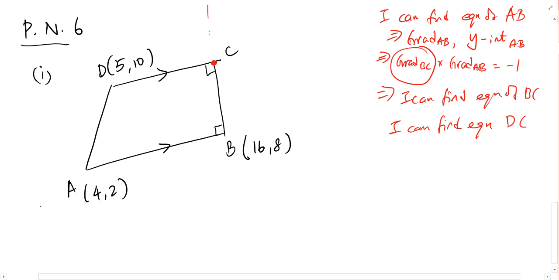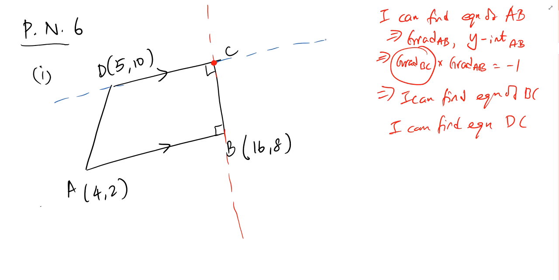Because the equation of BC is actually along this red line, whereas the equation of DC is along this blue line. When I have these two equations on the same axis, they intersect, it tells me that I am supposed to do my simultaneous equation.